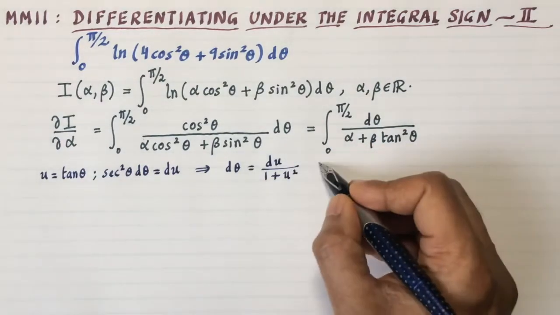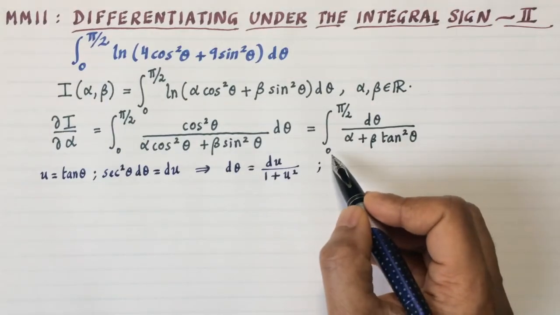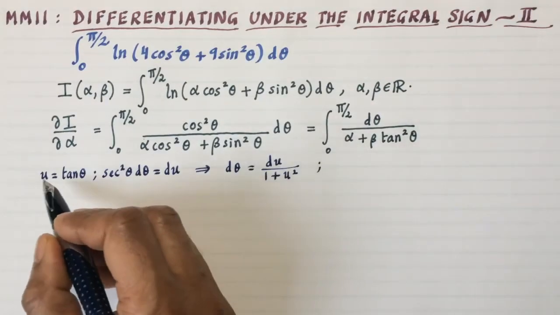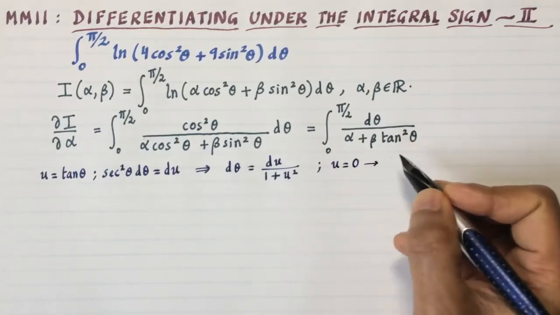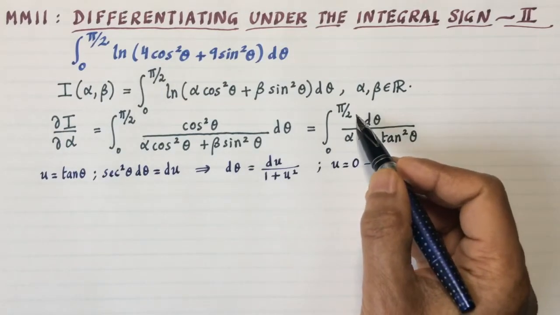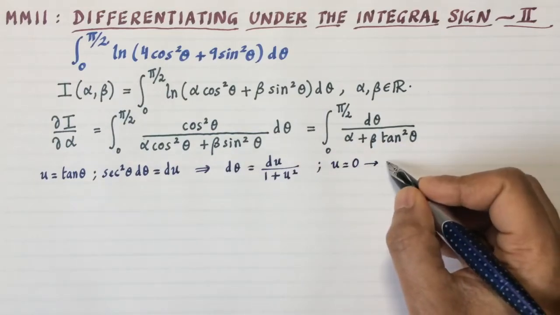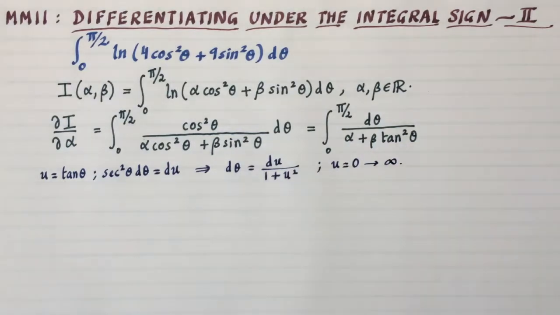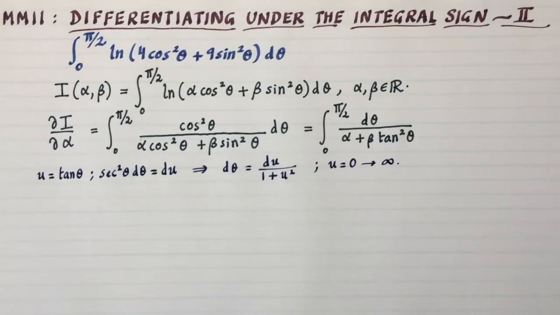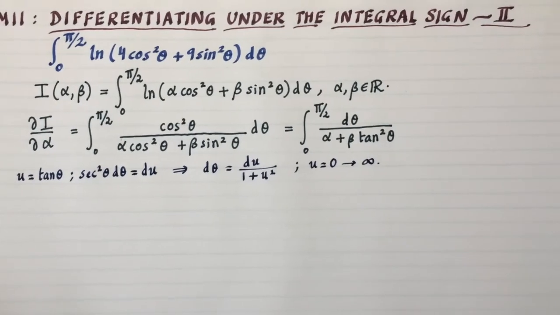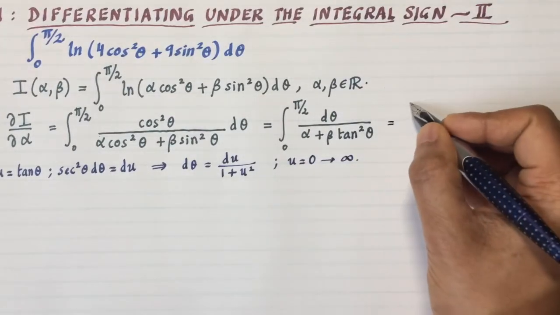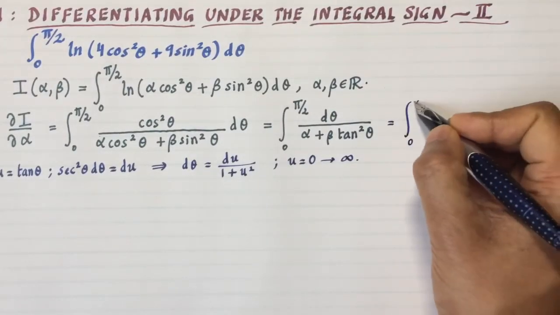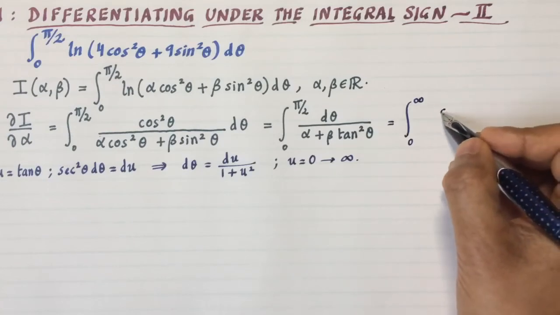Now what about the limits? The limits when theta equals 0, that is the same as saying u equals 0. When theta equals pi over 2, u is infinity. So the limits are from u equals 0 to infinity. So I have actually simplified this integral a little bit. Let me write the simplified integral. It's an integral from 0 to infinity of du.